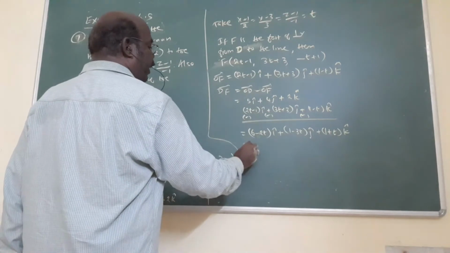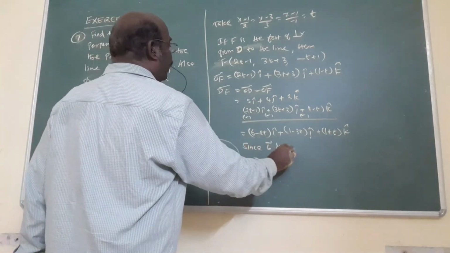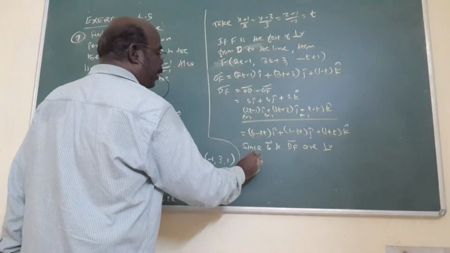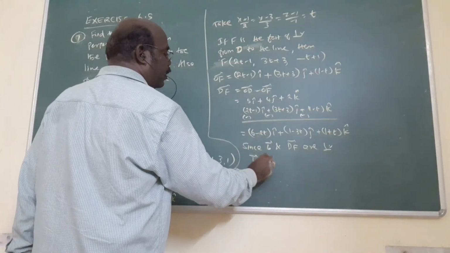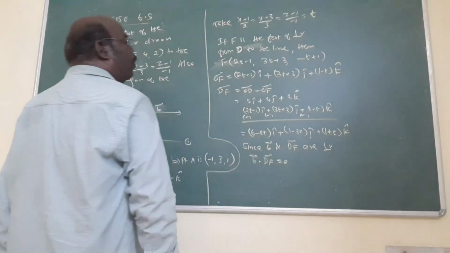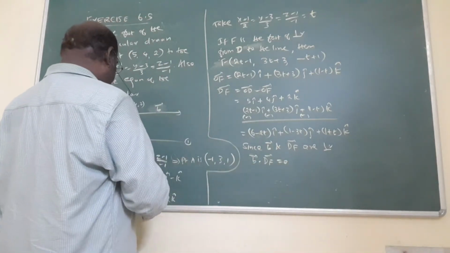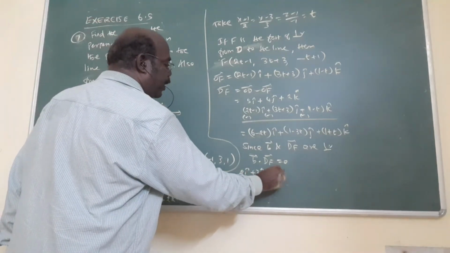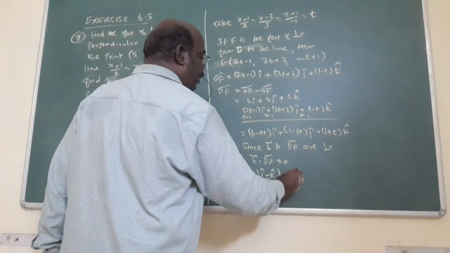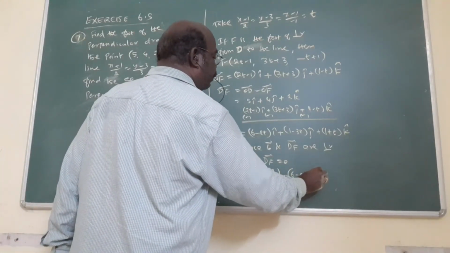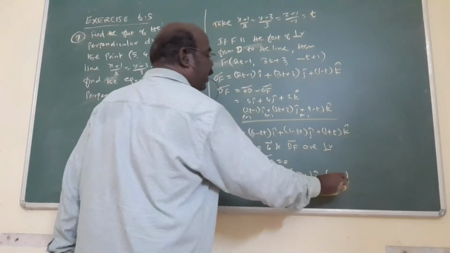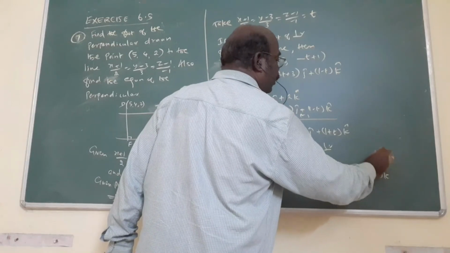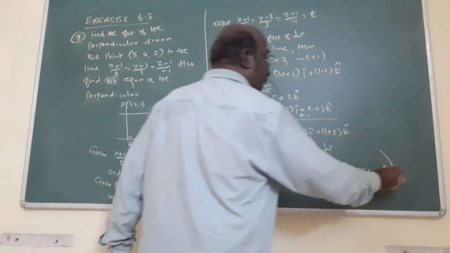Am I right? Since the B vector and the DF vector are perpendicular, perpendicular means B vector dot DF vector equal to 0. B vector equals, our assumption, 2i cap plus 3j cap minus k cap, dot (6 minus 2T) i cap plus (1 minus 3T) j cap plus (1 plus T) k cap, close bracket, equal to 0.